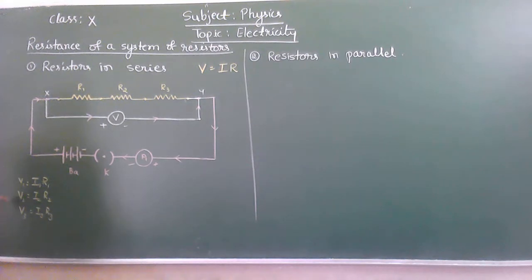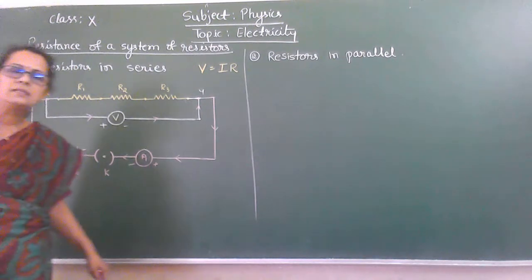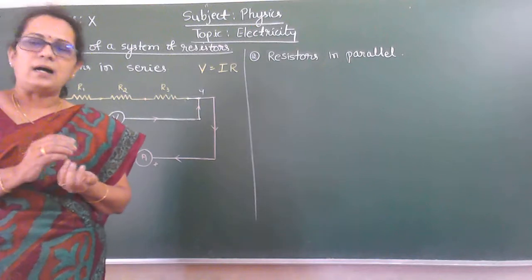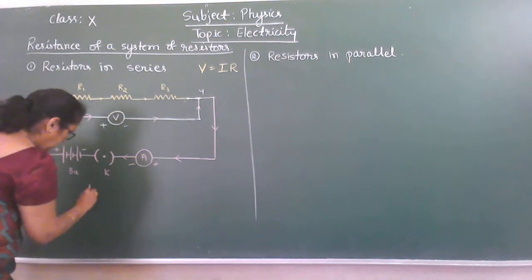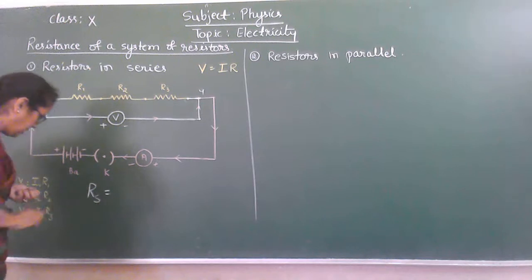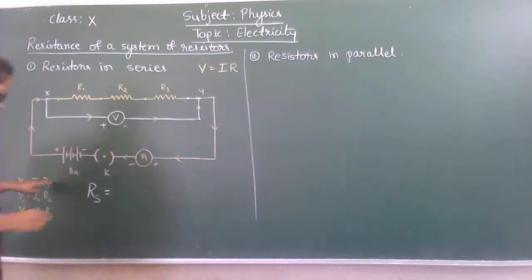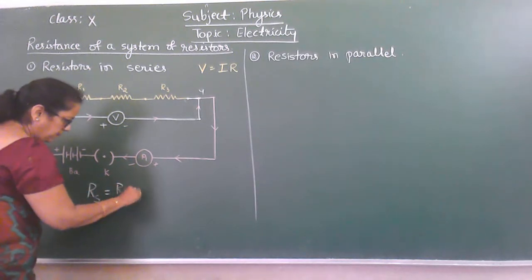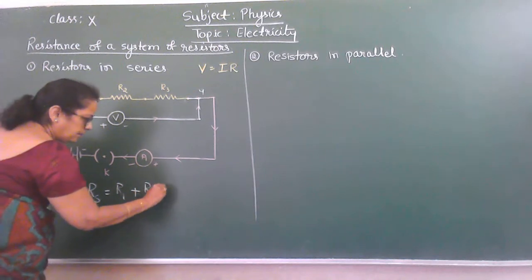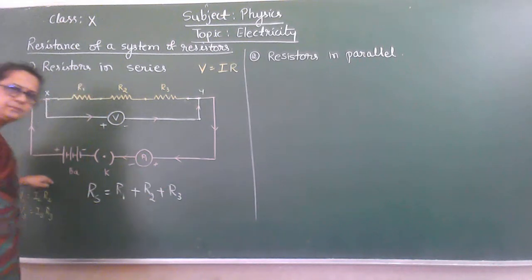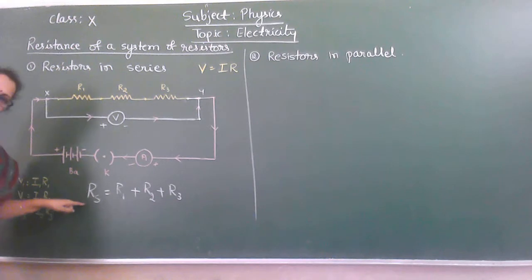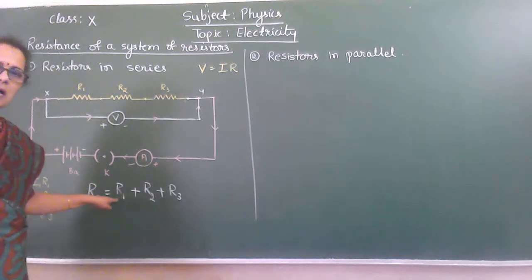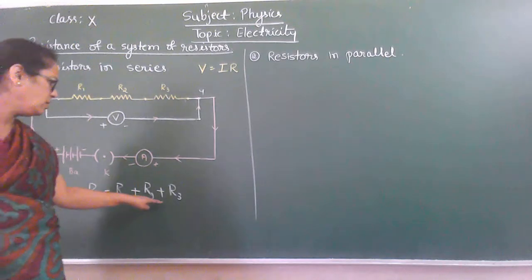From all this we can say that RS, that is resistance in series, equals R1 plus R2 plus R3. How do you pronounce this? Resistance in series equals R1 plus R2 plus R3.